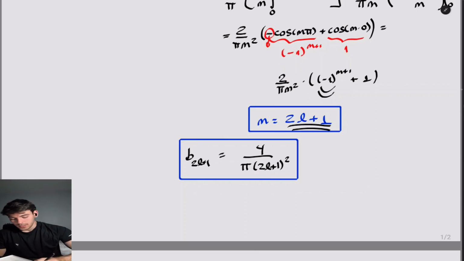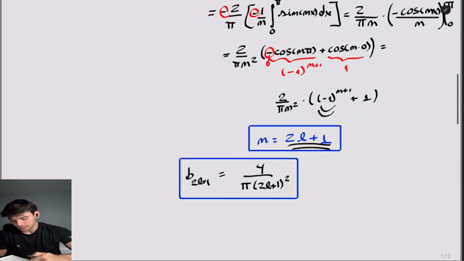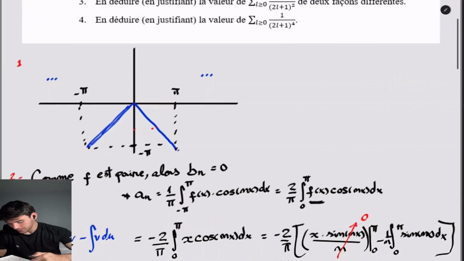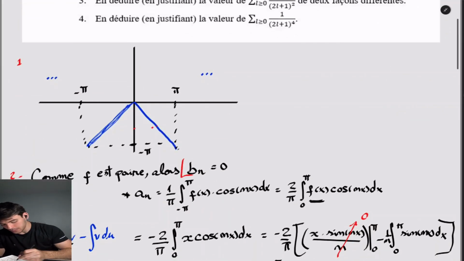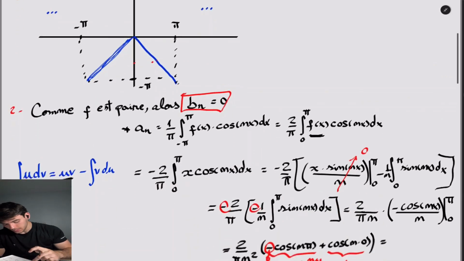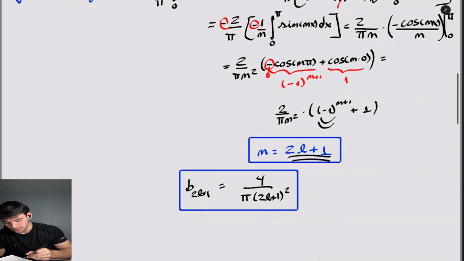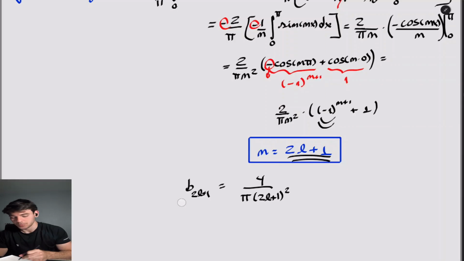Okay, so that's basically it. And all right, so we have here our bn equals 0. And oh, I'm sorry, we were not calculating bn, we were calculating an. So now a 2l plus 1.